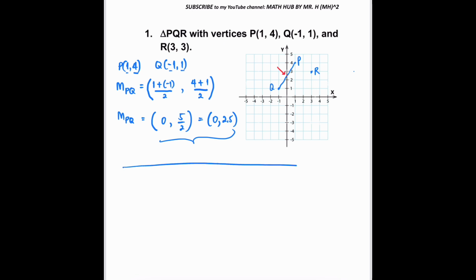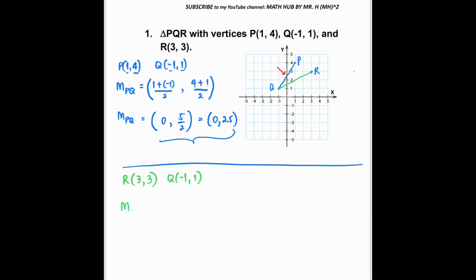So for example, using the same set of points, say for example, you are asked to find the midpoint of the segment RQ. Use different color. So RQ here, right? Point R has coordinates of 3 comma 3, and point Q has coordinates of negative 1 comma 1.